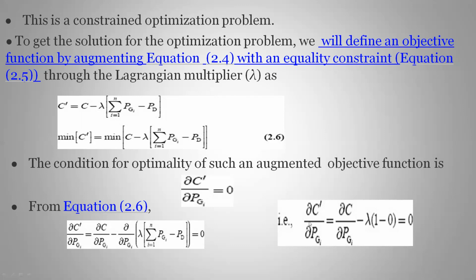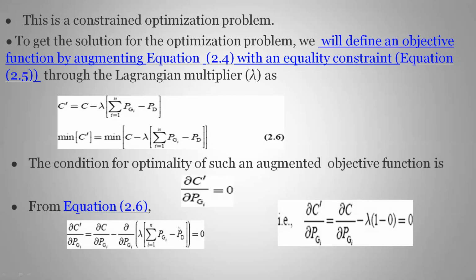So dou C by dou PGi minus lambda, and dou PGi is cancelled. What remains is only dou by dou PGi of PD, the power demand.